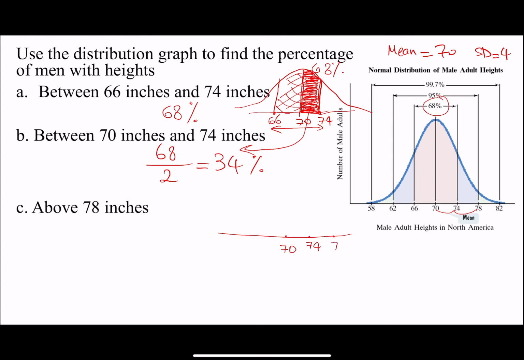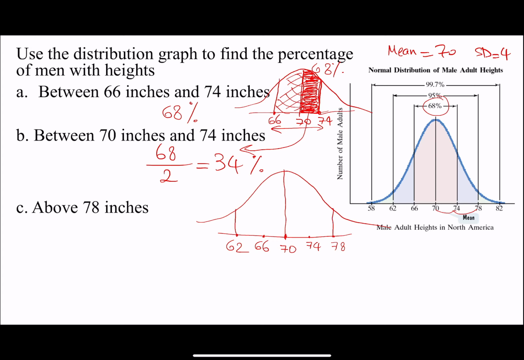Another one is 78. One standard deviation to the left is 66. Another one, 66 minus 4, is 62. They have a symmetric shape. Here we go. 78 is 2 standard deviations to the right, and 62 is 2 standard deviations to the left.